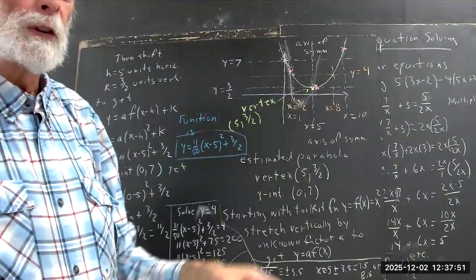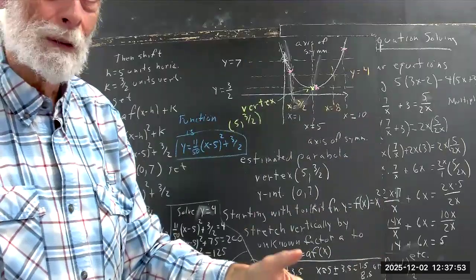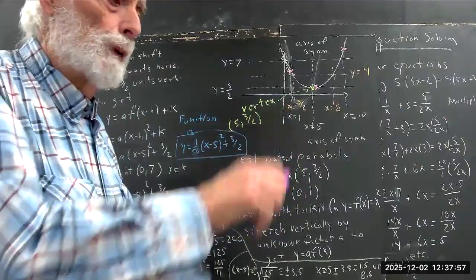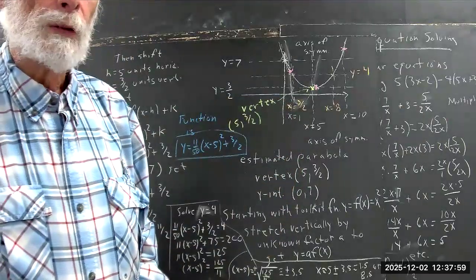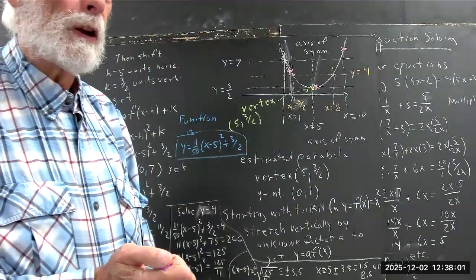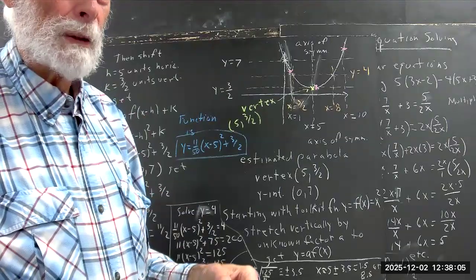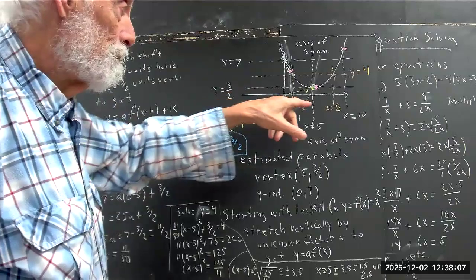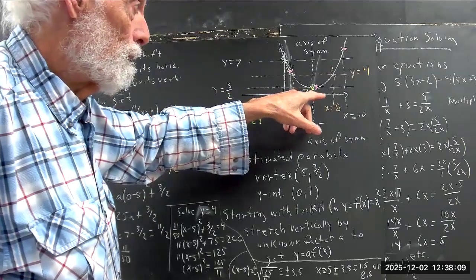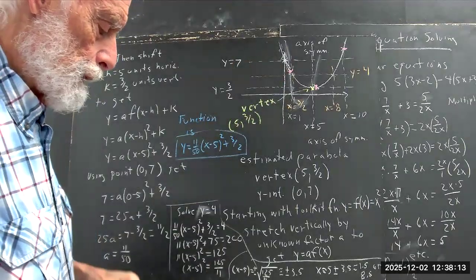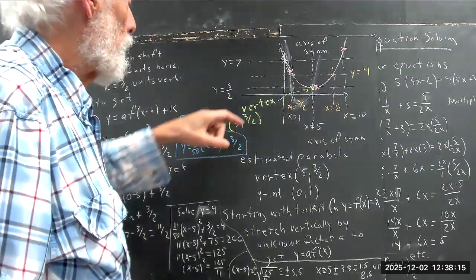Given any 3 points, as long as none of them are right above each other, 3 points with different x coordinates, you can always sketch a parabola that goes through those 3 points, and you can always get the equation of that parabola, which I'm probably going to talk about in a minute.